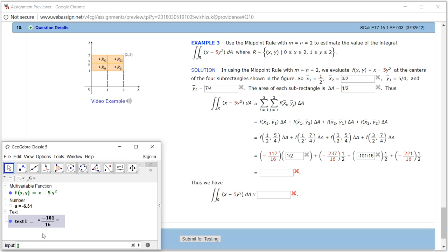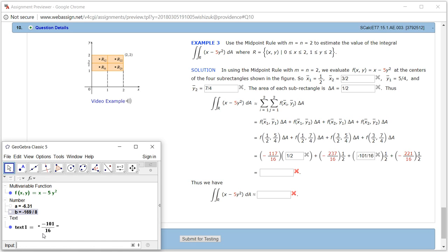We have negative 117/16 times 1/2, plus negative 237/16 times 1/2, plus negative 101/16 times 1/2, plus negative 221/16 times 1/2.